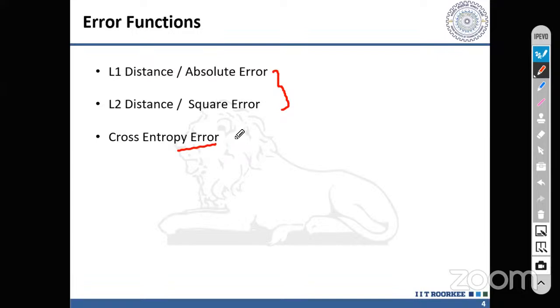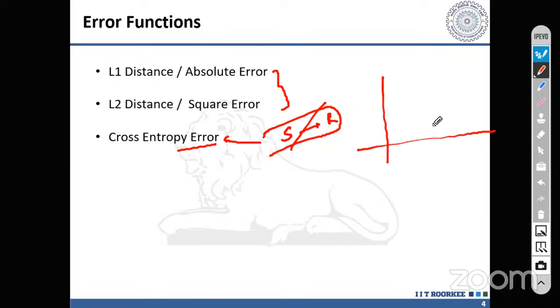Classification means, for example, last day we discussed Salman, but I'm predicting Rahu. This is the classification error. There we use this cross entropy error. When we have regression, for example, you have seen flat price or weather forecast, you are predicting something.